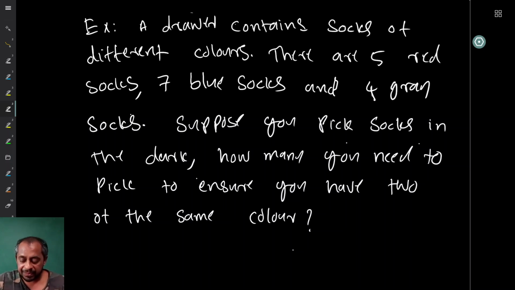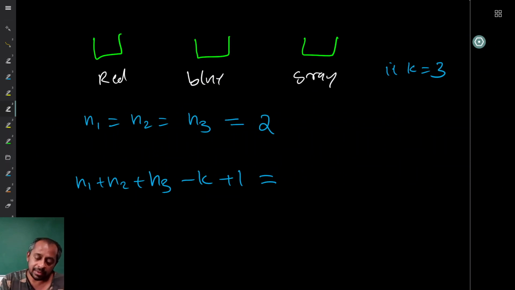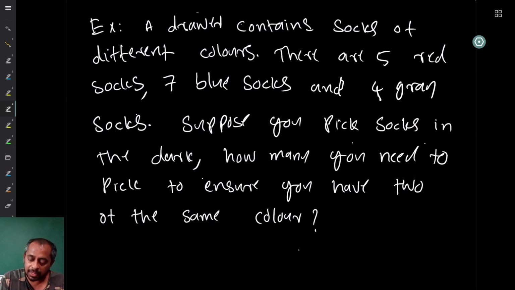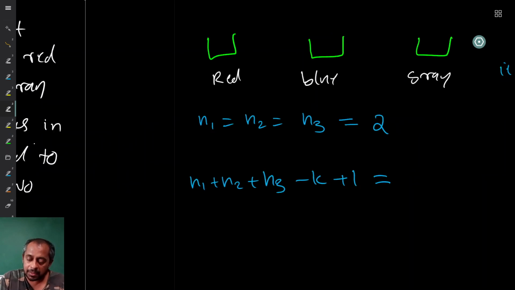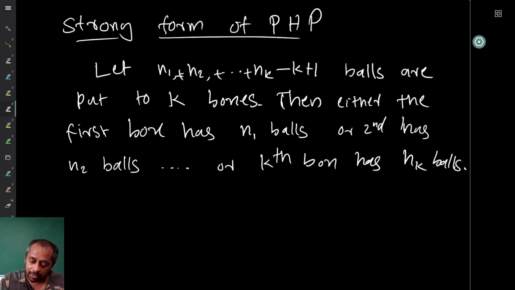Now, what are these numbers that we want to talk about? So we have a red box, we have a blue box, and a gray box. So we have k is equal to 3. Then we have n1, n2, and n3, which says that we need to guarantee there will be either n1 or n2 or n3, right?